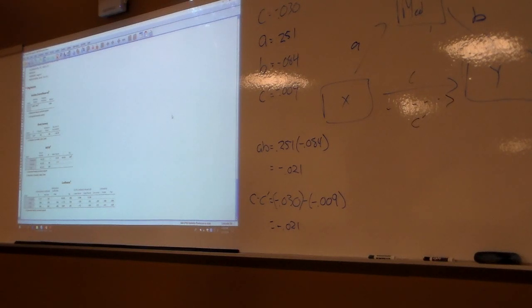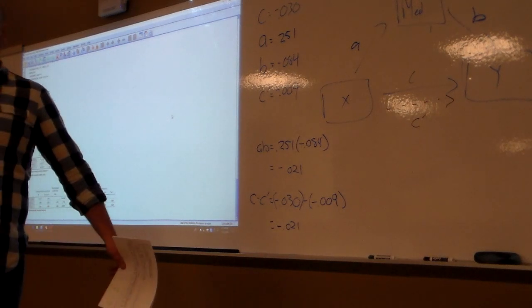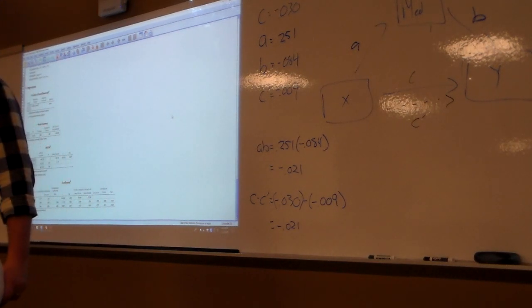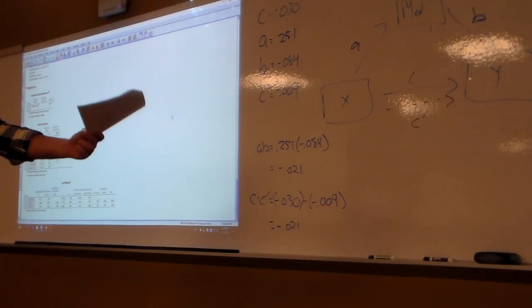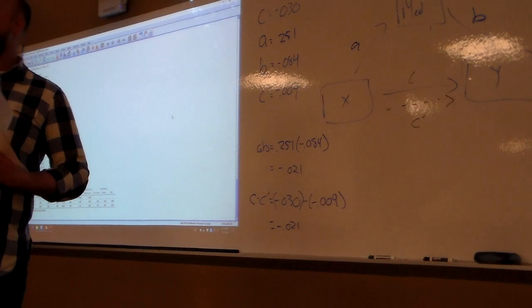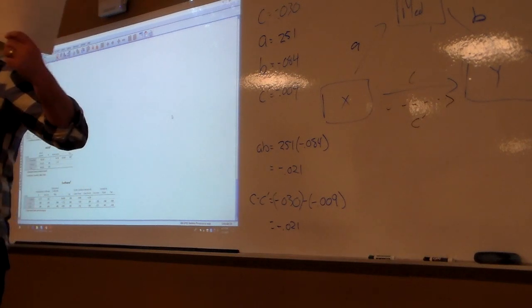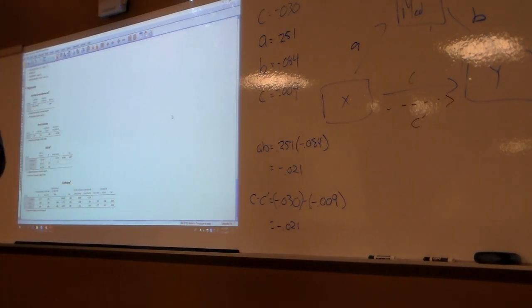No, it's not, right? But maybe I want to double check and test the statistical significance of my AB path. Technically, from an old school Judd and Kenny, I can claim mediation because I've gone from a statistically significant path to a non-statistically significant path. I can claim full mediation.